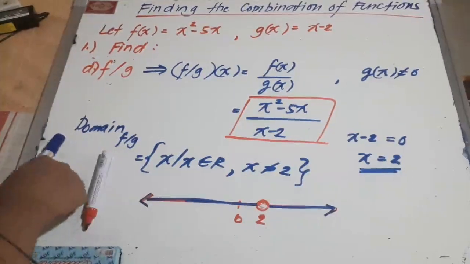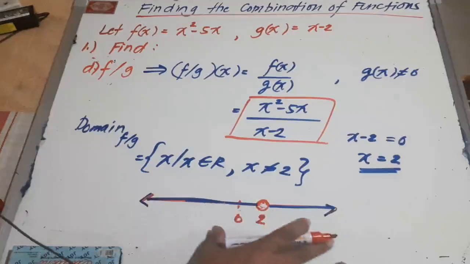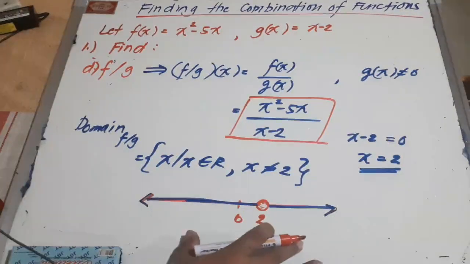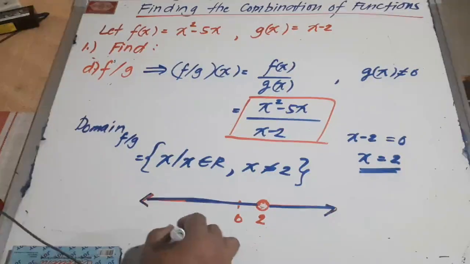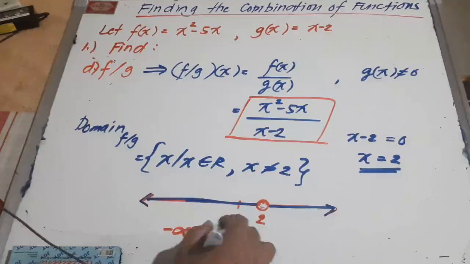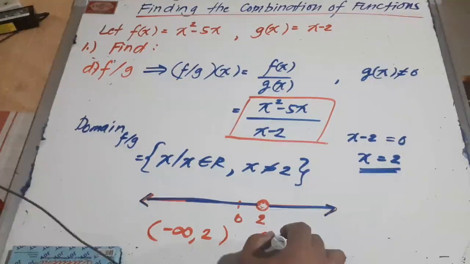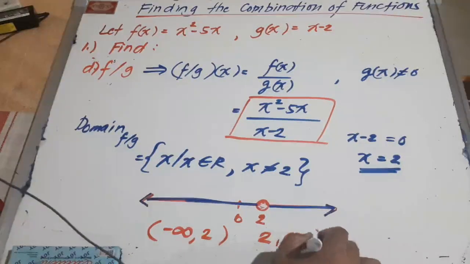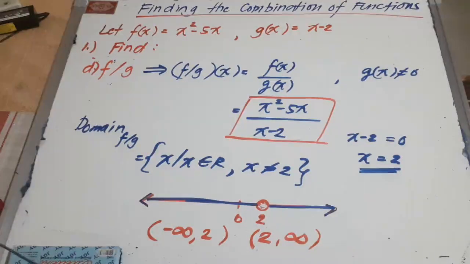So, pag ilalagay natin to in interval notation, may dalawang parts, yung ating values of x here. Yung isa, negative infinity to 2, at yung isa, from 2 to positive infinity. Kaya gumamit ako dito ng parentheses kasi hindi kasama yung 2 sa values ng ating resulting function.